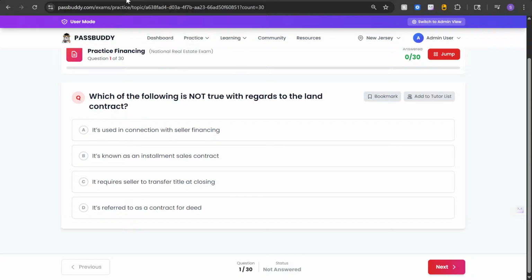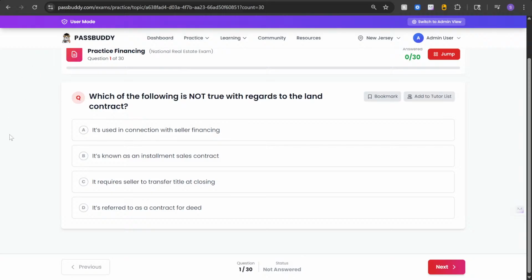So, first one is it's used in connection with seller financing. It is known as an installment sales contract. It requires the seller to transfer title at closing, or it's referred to as a contract for deed. So there's a couple in here that aren't 100% true that stick out, right? So a land contract does have several names.